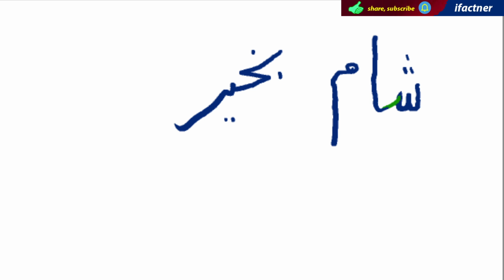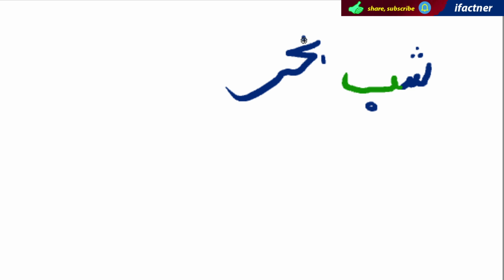Bakhair we will write in the same way, but to write shab we first need to write sheen. The initial position shape of sheen is written like this. Sheen. And then be. Shab. And bakhair is written just like before: be, khe, ye, re. Shab bakhair.